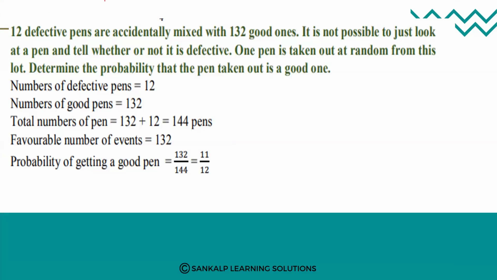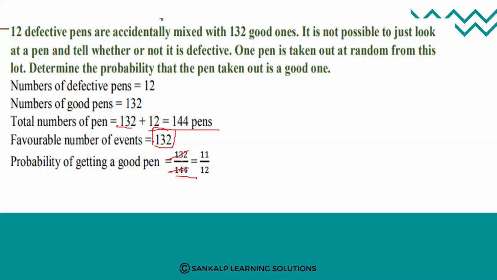Okay. So the number of defective pens, how many defective pens are there? 12 defective pens are there. So good pens 132. So the total number of pens is 132 good pens plus 12 defective pens, 144 pens. So the favorable number of events, that means good pens we want, right? So the number of good pens is 132. So the probability of getting a good pen is 132 divided by the total number of pens, that is 144.